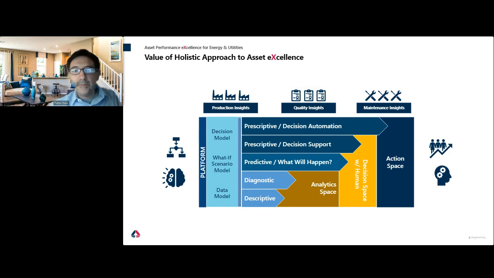So starting from descriptive and diagnostic, still having the human taking the decision, but also having the possibility and the tool to start building what-if scenarios and prediction and support the decision process. So reaching the prescriptive level, till reaching the level where we can automate the decision. So a pure prescriptive approach.